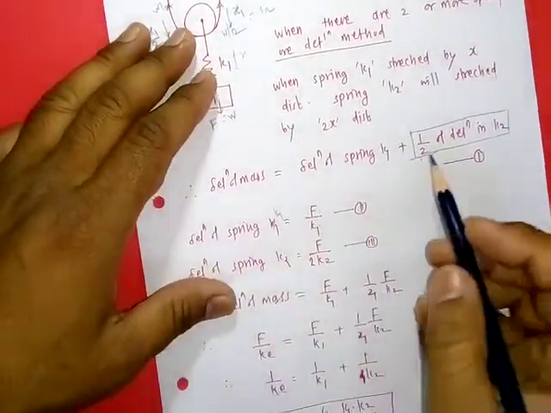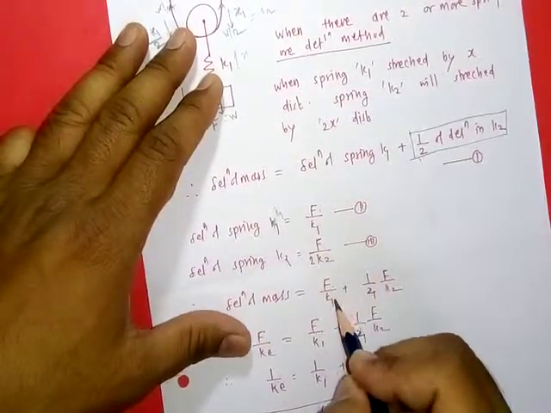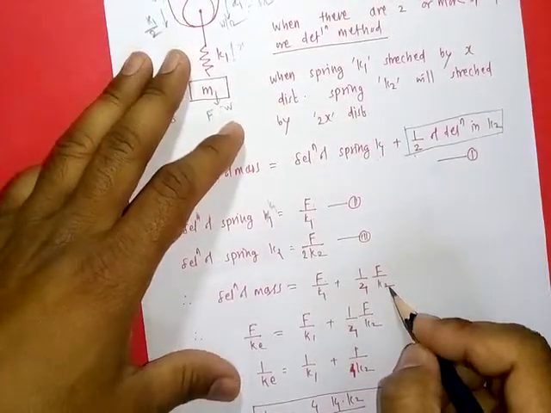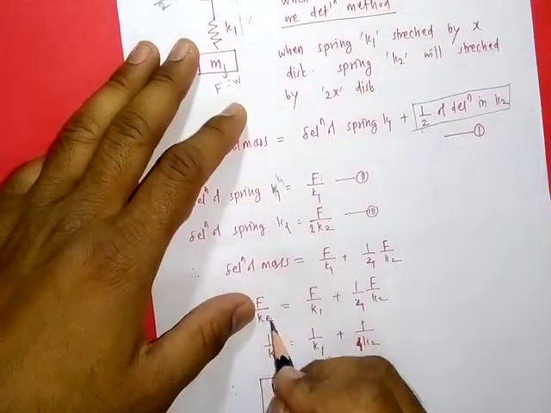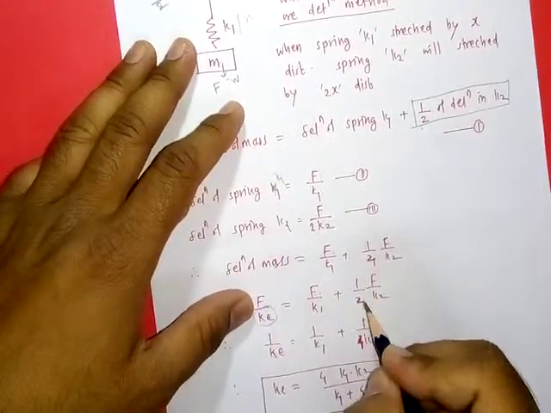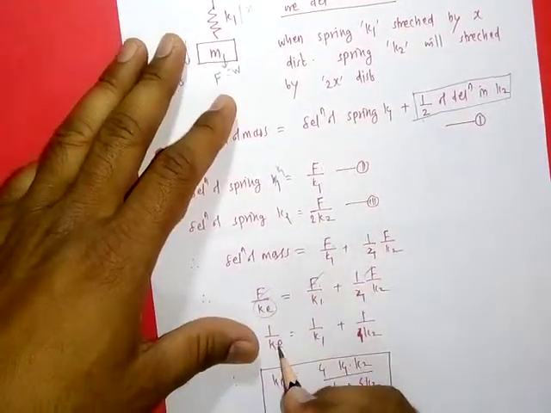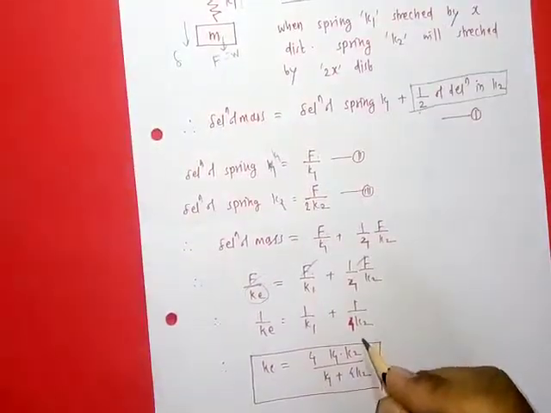Putting these values in our equation, we get deflection of mass is equal to F upon K1 plus 1 by 4 F upon K2. Then it becomes F upon Ke, the equivalent system, is equal to F upon K1 plus 1 by 4 F upon K2. Cancelling common terms, we get 1 by Ke is equal to 1 upon K1 plus 1 upon 4 K2.